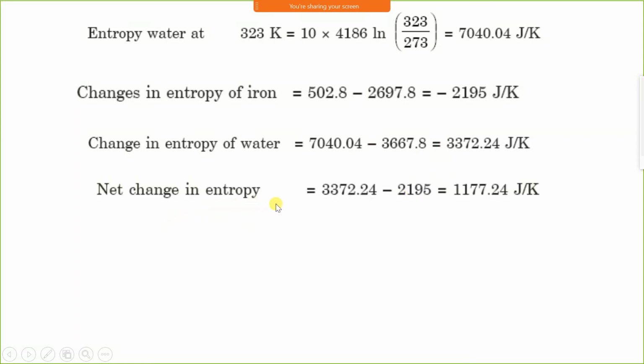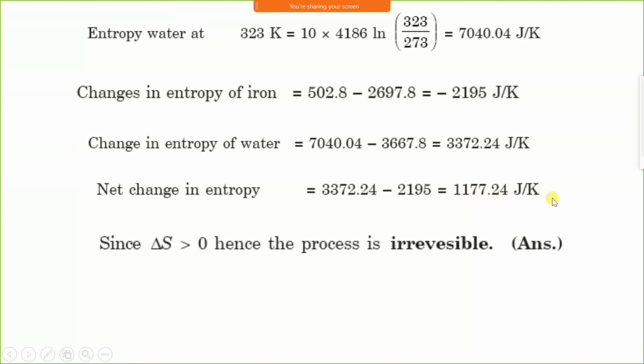Now, change in entropy of universe. Here universe means water and iron cube. 3372.24 minus 2195, we get 1177.24 joule per Kelvin.